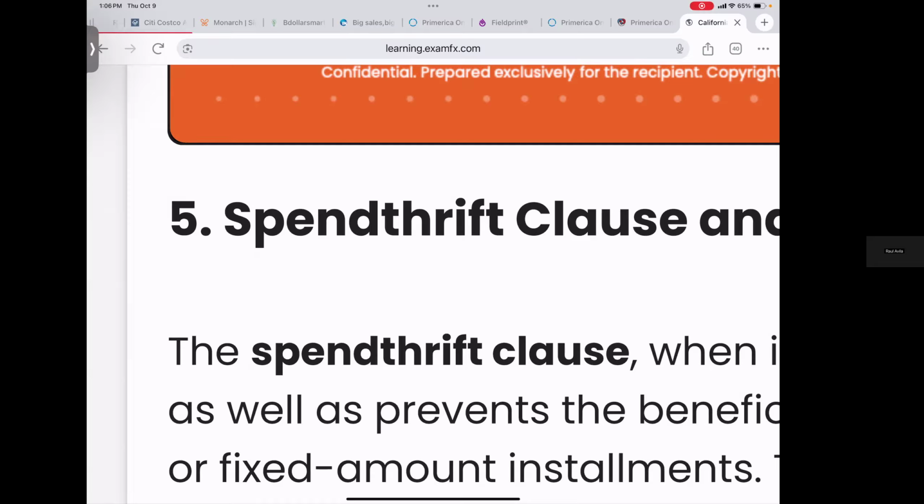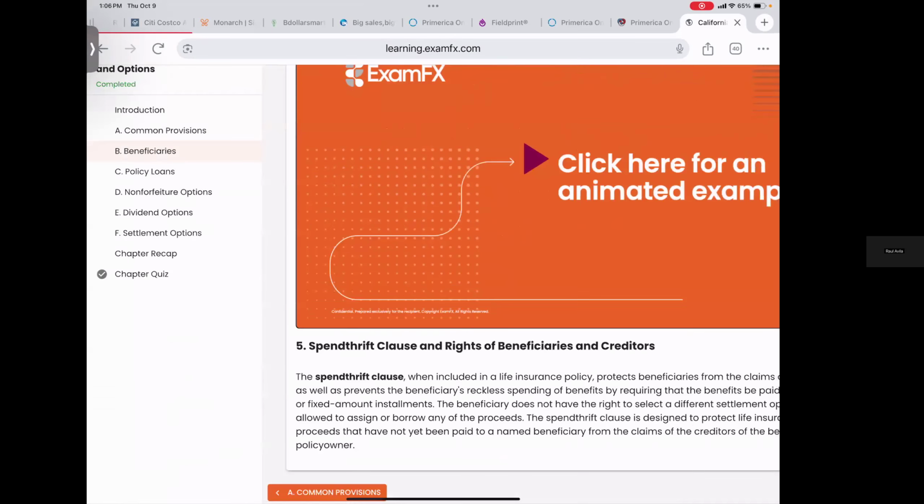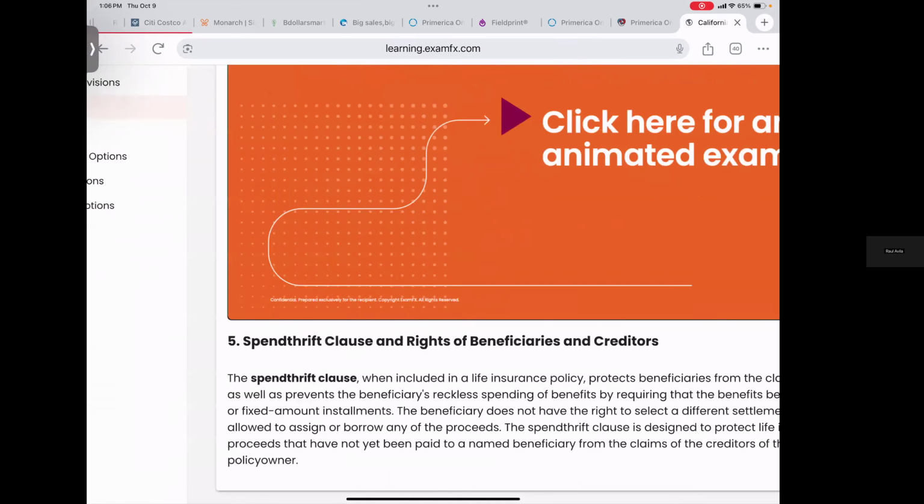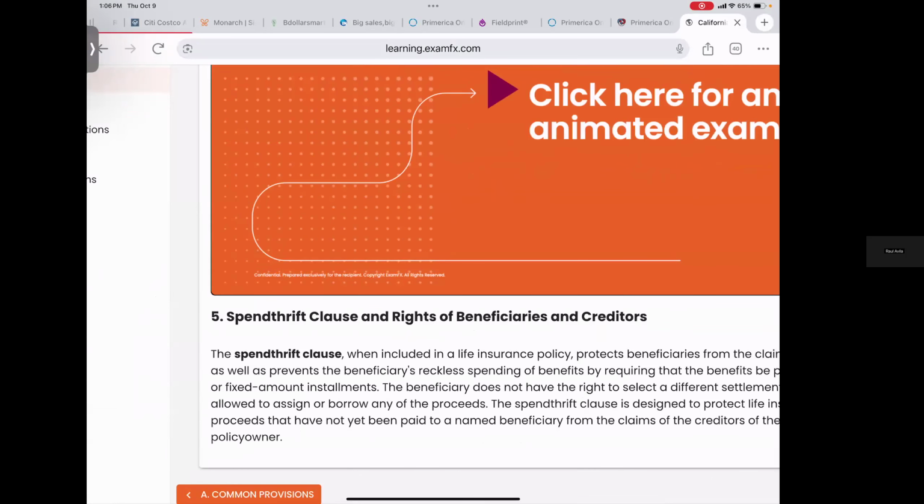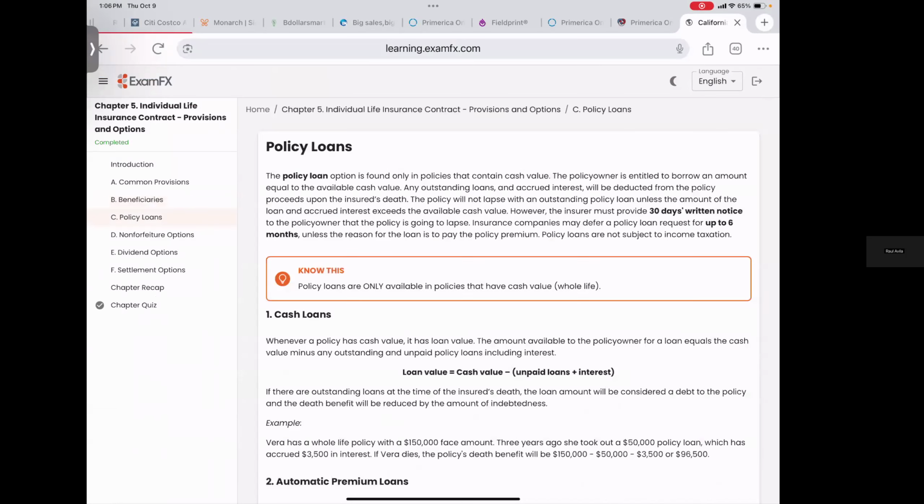They can't go after my wife because of the spendthrift clause. This protects the beneficiary's money from creditors. I'm just cramming stuff here.